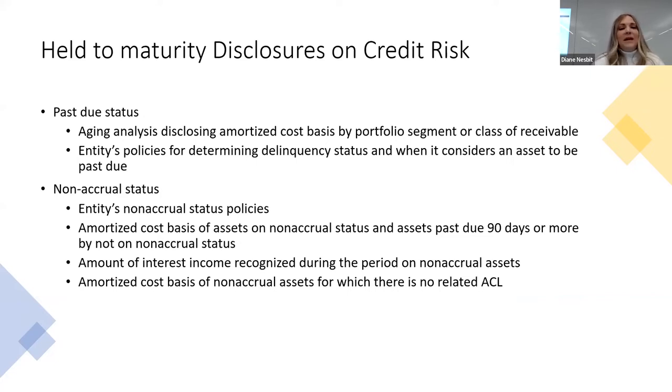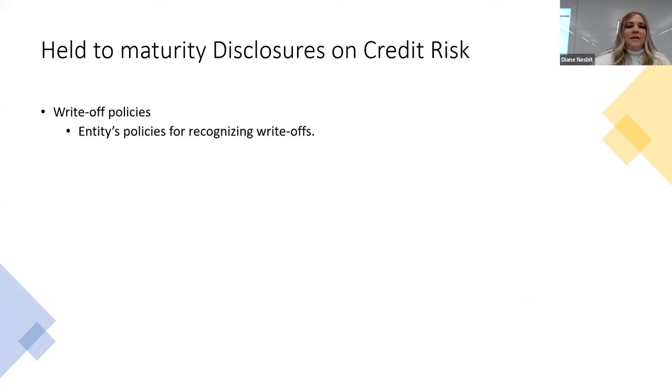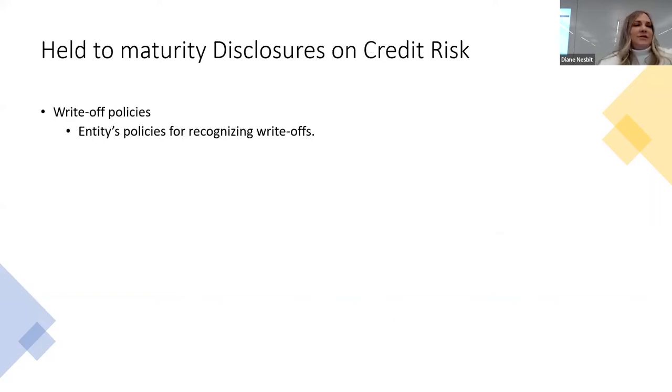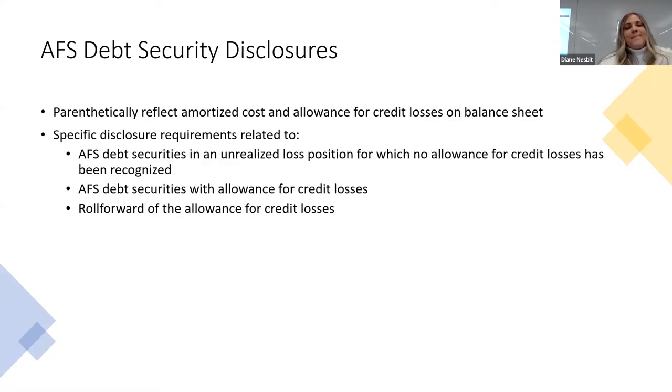Amount of interest income recognized during the period on non-accrual assets, and then amortized cost basis of non-accrual assets for which there is no related ACL. And then continuing on, like I say, this is the fun part. Write-off policies: you need to look at what the entity-specific policies are for recognizing those write-offs. So you just need to disclose the specific policies for the entity.